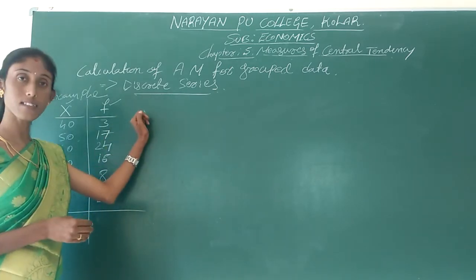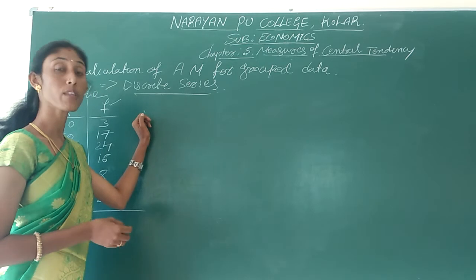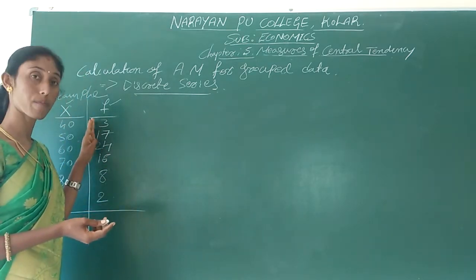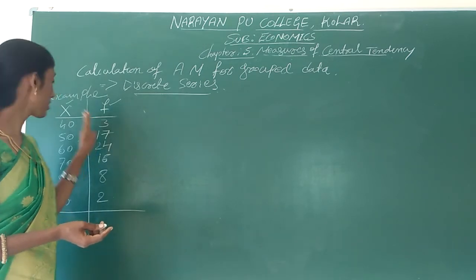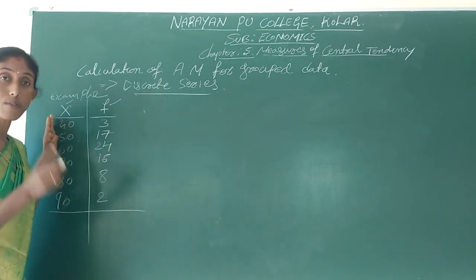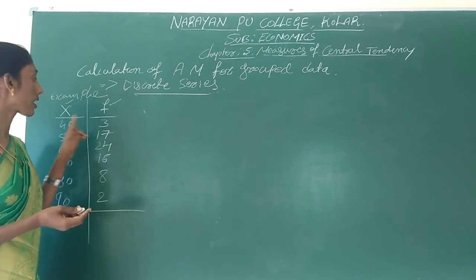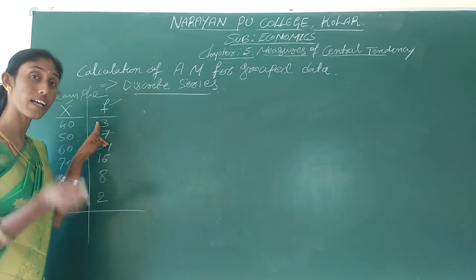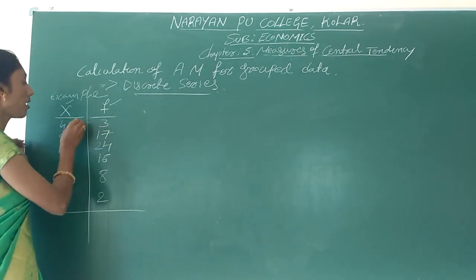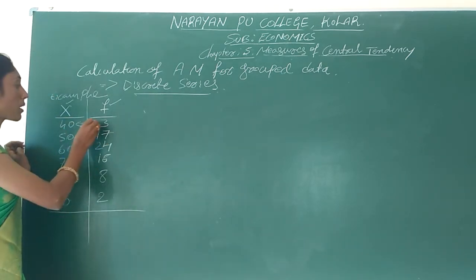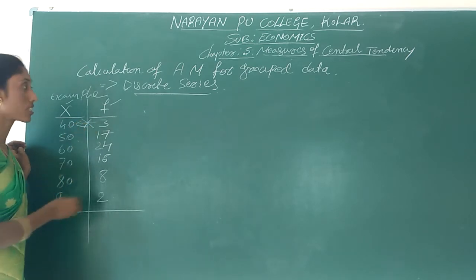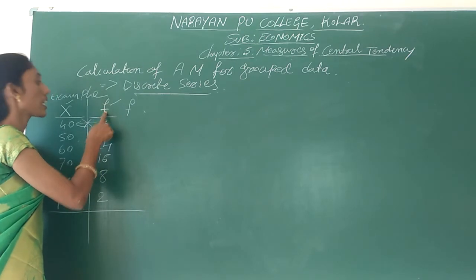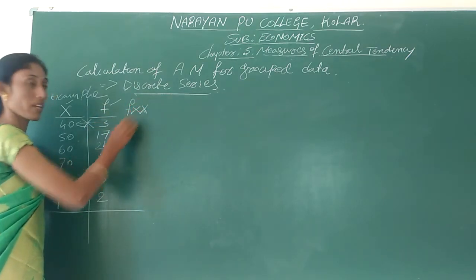Now, when the data is in discrete series, what will we do? We will multiply the frequency against each class by the observation, that is, frequency into observation.